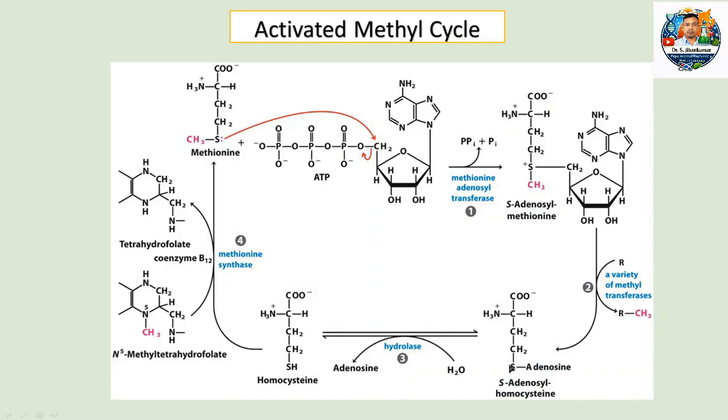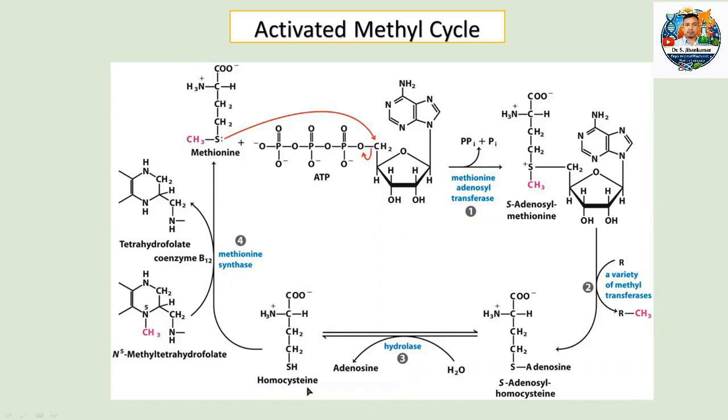In order to regenerate S-adenosyl methionine, this S-adenosyl homocysteine is further hydrolyzed by a hydrolase, which removes the adenosine part. So the adenosine is removed, and only the homocysteine remains. Now, to form S-adenosyl methionine, the reaction requires methionine.